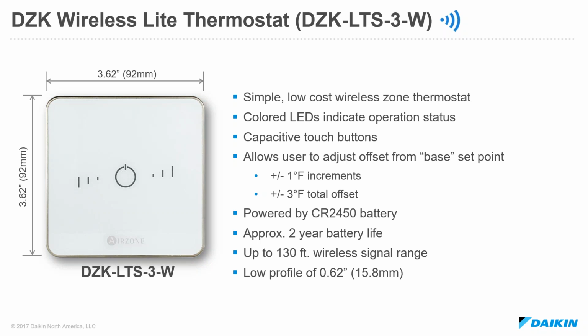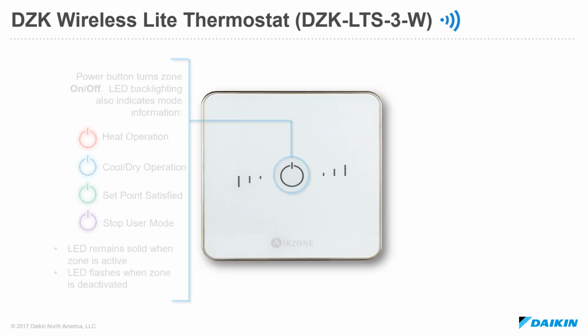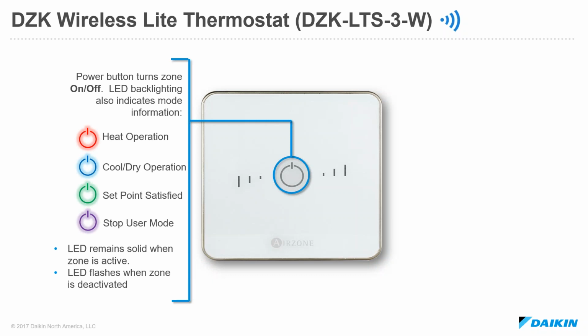The wireless light is powered by that same CR2450 battery, also has an approximate 2-year battery life and up to 130 feet of wireless signal range. When the user is actually using this wireless light thermostat, we looked at the shading of the main wired thermostats. There's also a similar shading scheme indicating the mode of operation of the wireless light thermostats.